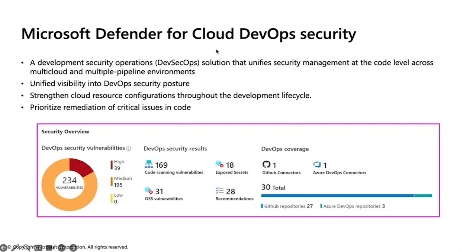So Microsoft Defender for Cloud DevOps gives you the option to connect GitHub as a connector and Azure DevOps as a connector. Apart from Azure, AWS, and GCP, we can add these kinds of DevOps connectors to have coverage on these as well.